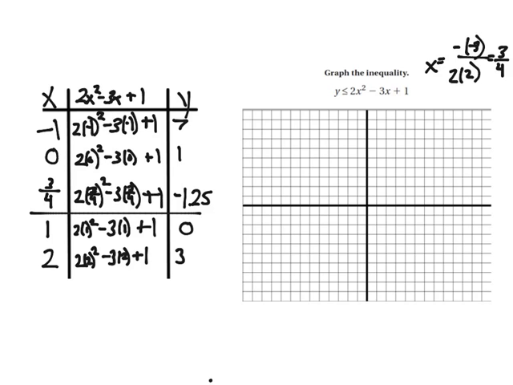Now we can graph these. Okay, we go to 3/4, negative 1.25, which would be just about right there. And then we go 0, 1. And then 1, 0. Let's just restart that. And then we got our 2 points there. Now 2, 3.